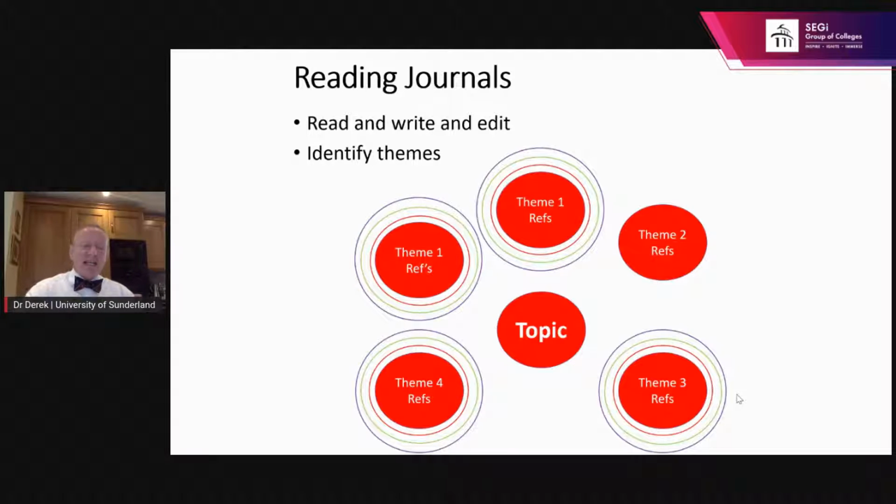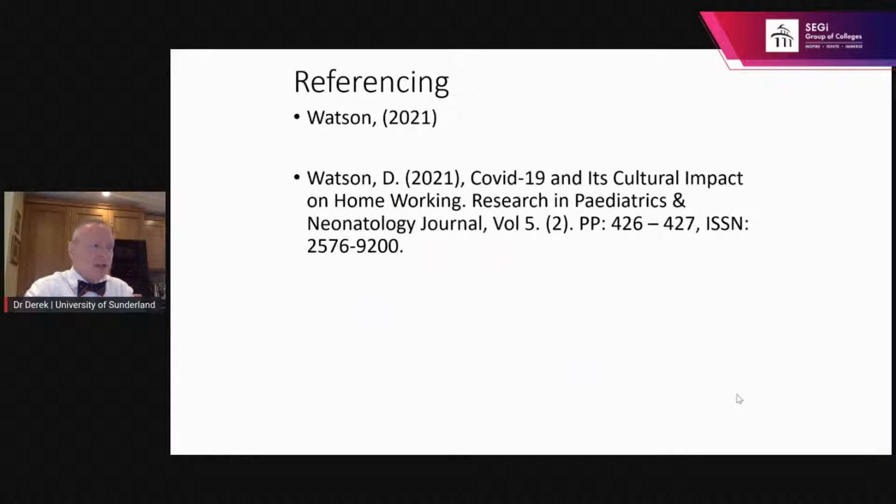Data saturation is when you're reading a journal paper and you're reading the same information again, which you've already read. Once you come to this point, having read a few additional papers, you'll say, right, I've got the key core themes of my area of investigation. That is your ticket to start putting pen to paper and starting to reference.